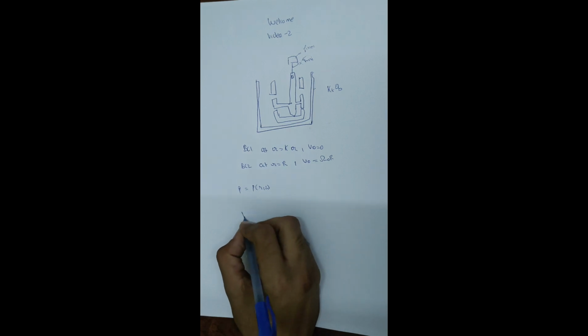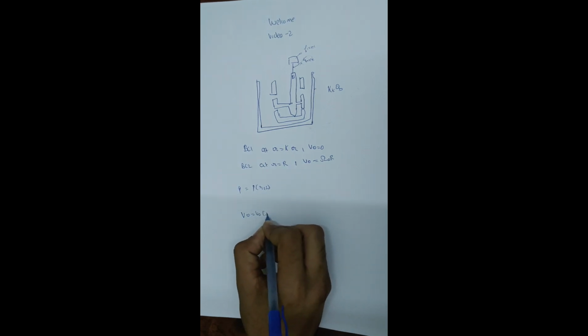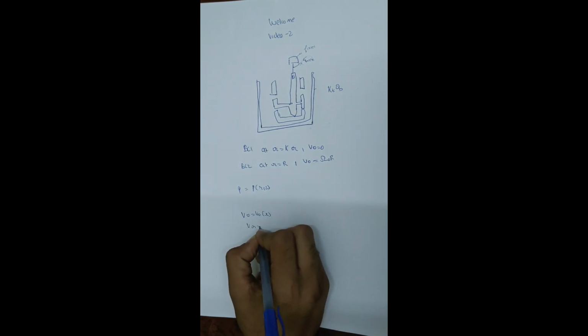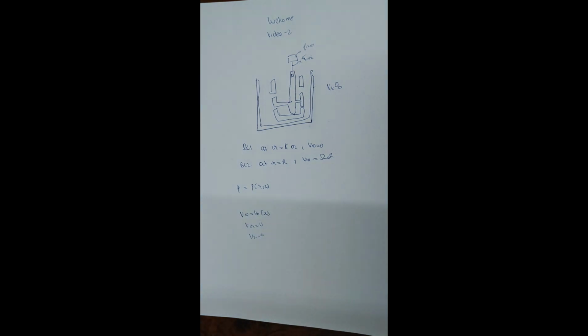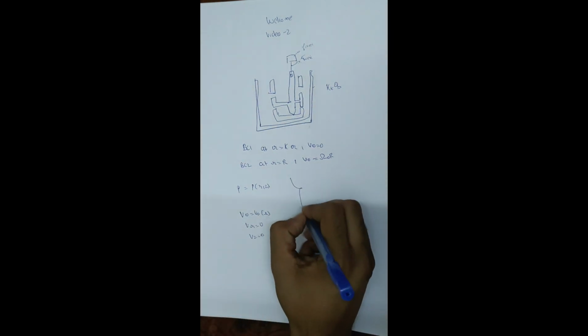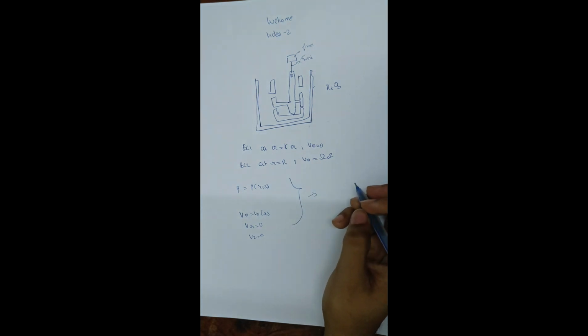For the velocity profile, v theta is a function of r, and vr is equal to 0 and vz is equal to 0. Now, using this information, we are going to deduce our Navier-Stokes equation.